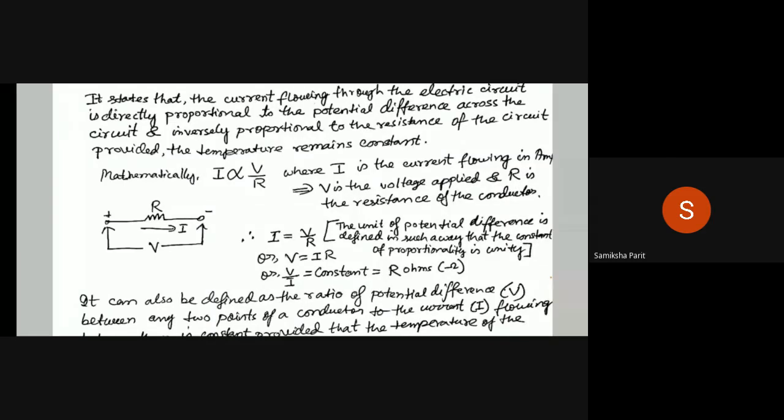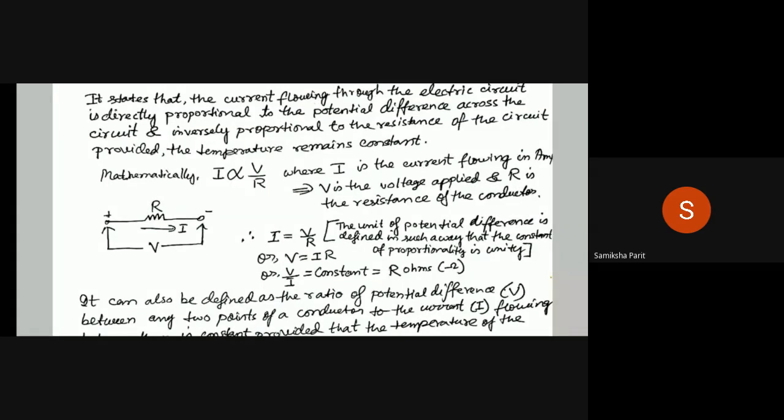So we define it in such a way that the proportionality constant becomes equal to 1. So basically the expression becomes V equals IR, and that means V by I equals a constant. That constant is R, the resistance, given in ohms.